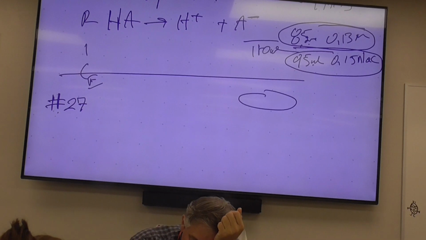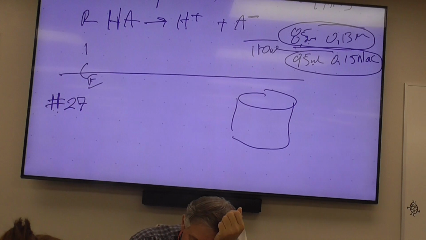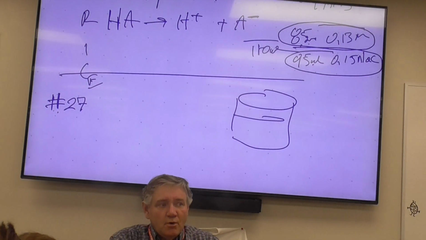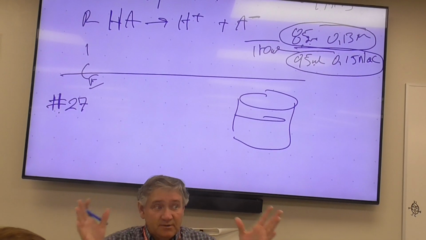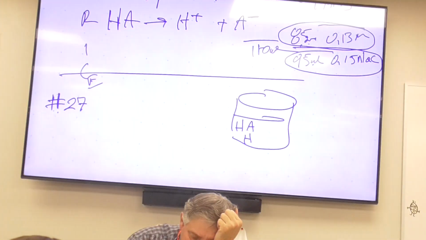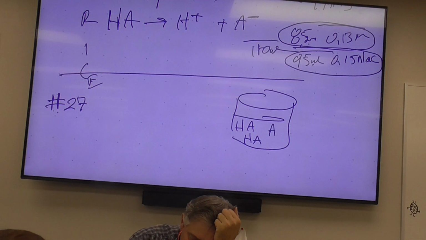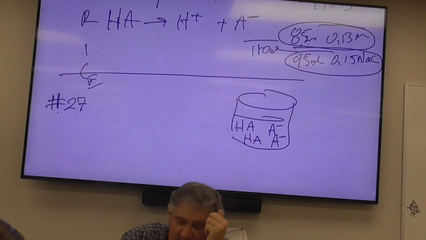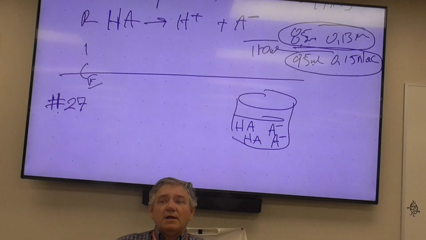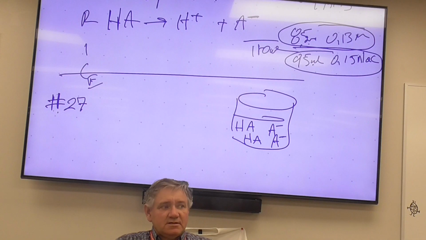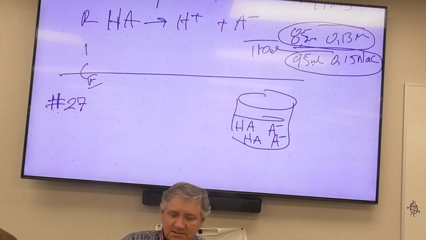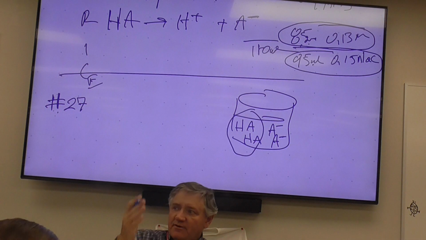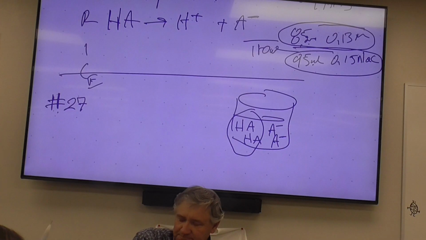So inside this beaker, since it's a buffered solution, you have both forms and a lot of them. You have a lot of the molecular form of the acid, and you have a bunch of anions, okay? If it was just straight weak acid, you'd only have the molecular form of the acid.